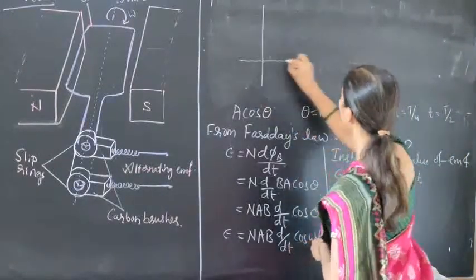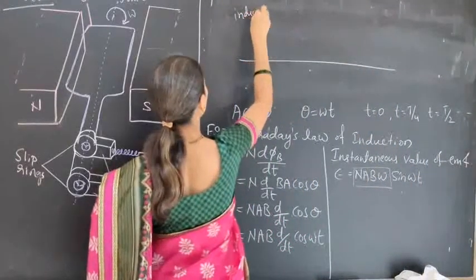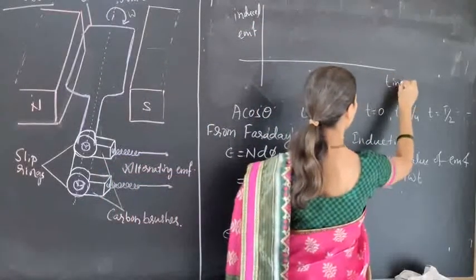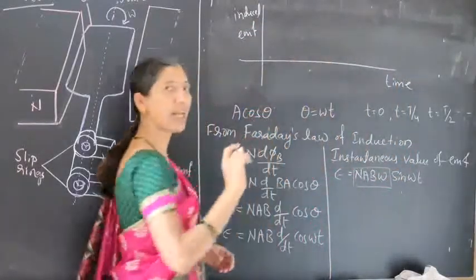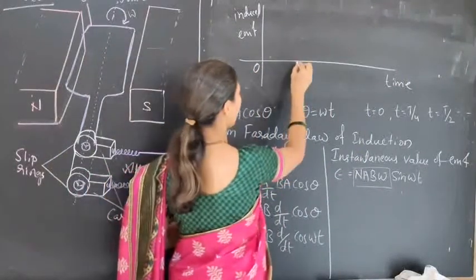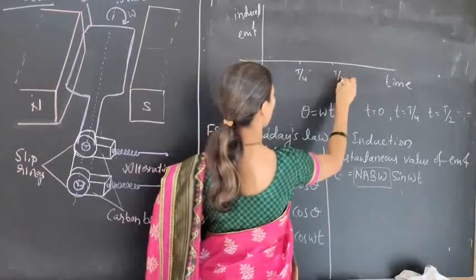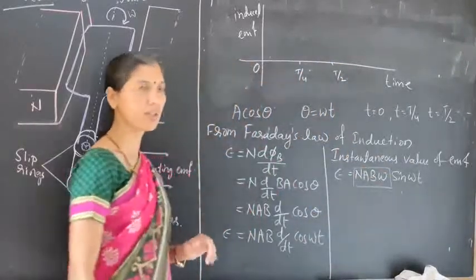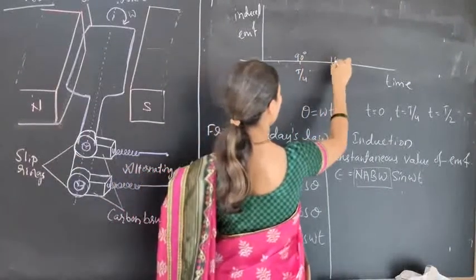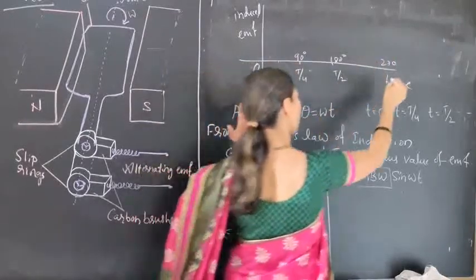If you plot a graph of induced EMF versus time for different angles of rotation, this is for 0, next T by 4, next T by 2, like that. That is 0 for 90 degree, then 180 degree, next 270 degree, then 360 degree.